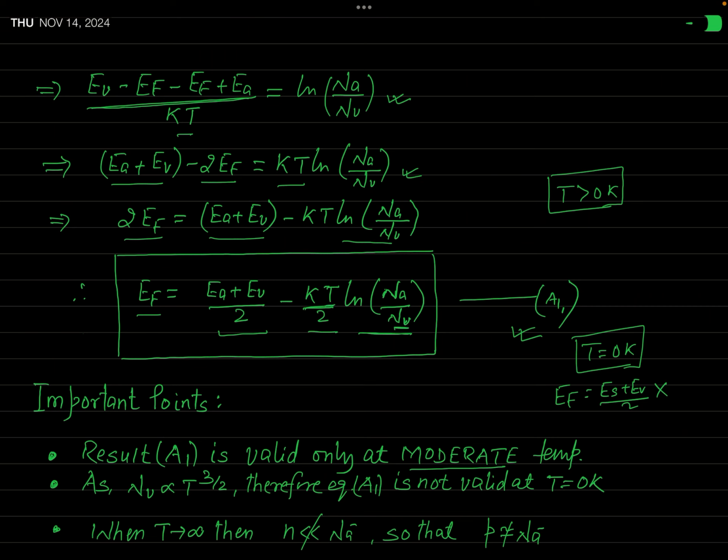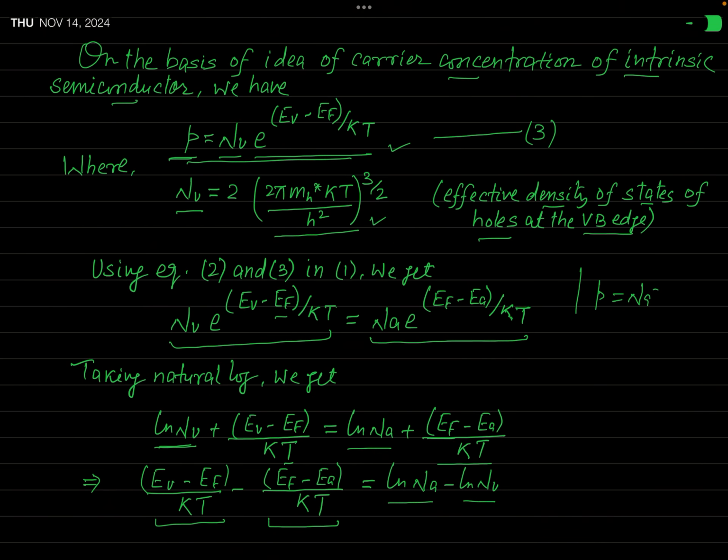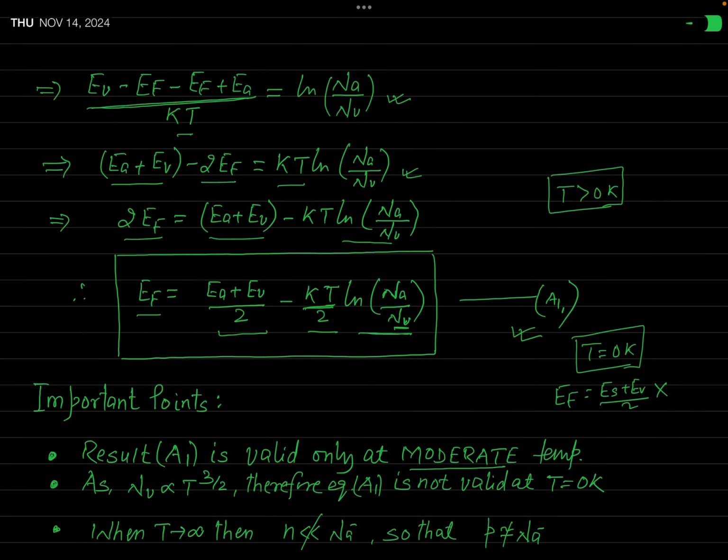So don't think about only this T, because you know NV, as you can see, is given like this, and from this expression for NV you can see this NV is proportional to T to the power 3 by 2. So when you take T equal to 0, then again inside this logarithm you will have to take 0 in place of this NV. So there will be log infinity which is undefined.